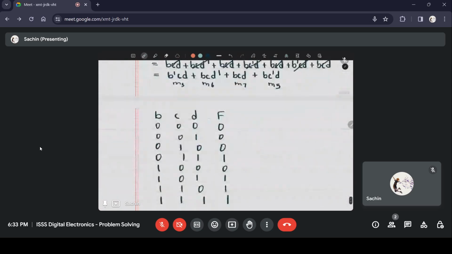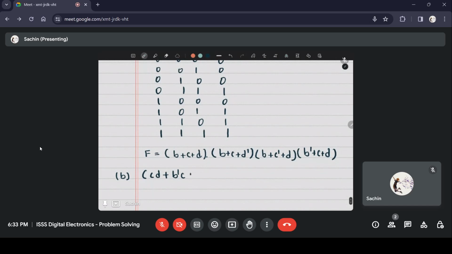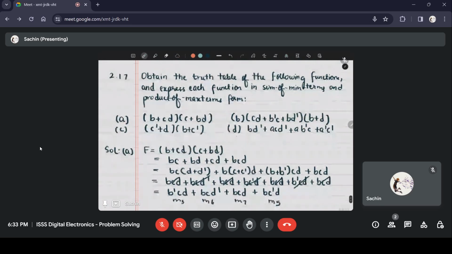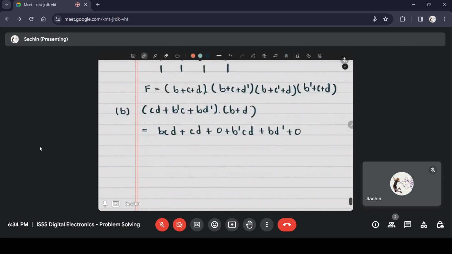Part B, you have CD plus B prime C plus BD prime and B plus D. You use the distributive property and you get 4 terms, BCD plus CD plus B prime CD plus BD prime.